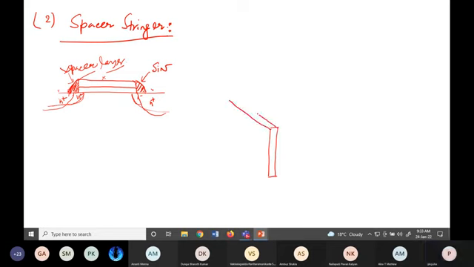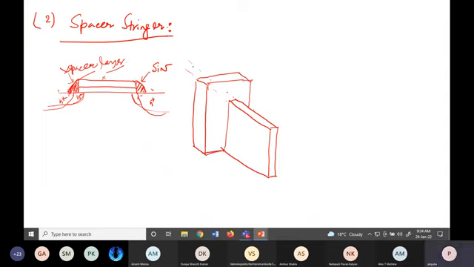Okay, so this is my source, this is my drain, and this is my gate, right?